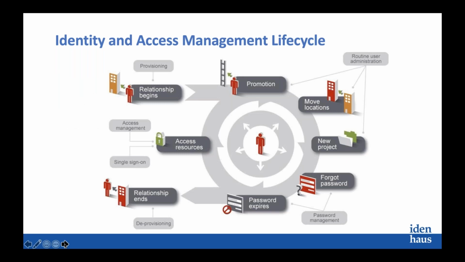This diagram is a high-level view of the life cycle of a user identity, from onboarding through transfers and promotion to offboarding. There are events and business processes that occur to manage accounts and access.